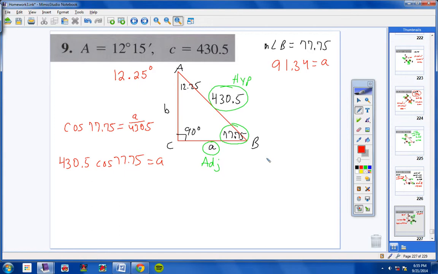And now students, very quickly we can solve for leg B or side B by using Pythagorean's theorem. So one of my legs is 91.34 squared. My other leg is B squared, and that would equal 430.5 squared.